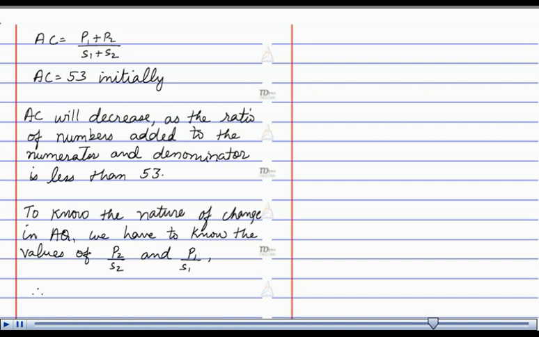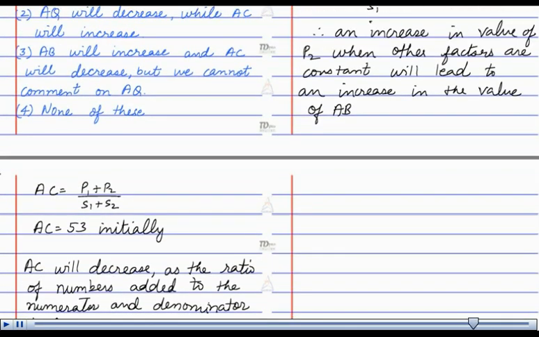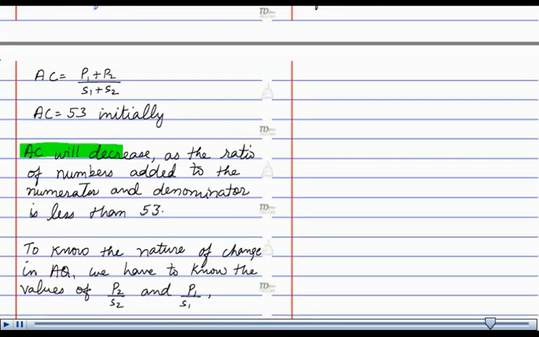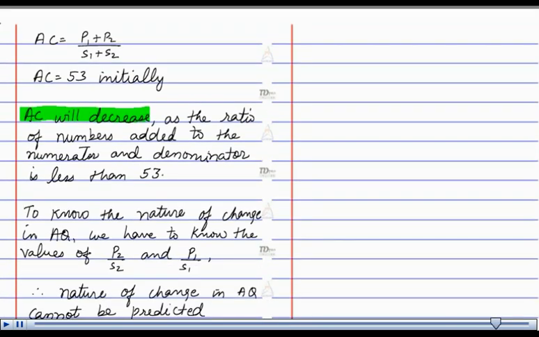Therefore, nature of change in AQ cannot be predicted. Hence, AB will increase, AC will decrease, and the nature of change in AQ cannot be predicted. Hence, the correct answer is answer option number 3rd.